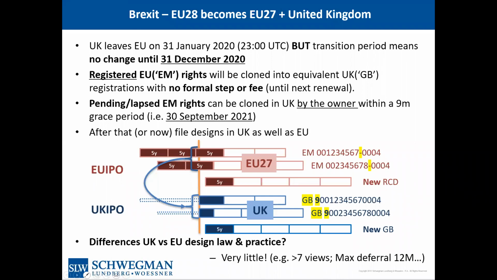But what we do know is at the end of the transition period, looking at the drawing here, if you have some registered designs which are already published and registered in the EU form, so that's design EM blah blah blah number 4 and so on, then at 11 p.m. on the 31st of December, these rights will be cloned or automatically re-registered into United Kingdom or GB registered designs with exactly the same ownership, priority details, application dates, and so on, and the same period to run to their renewal date.